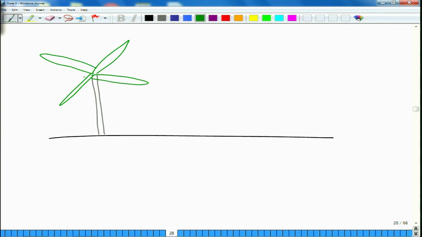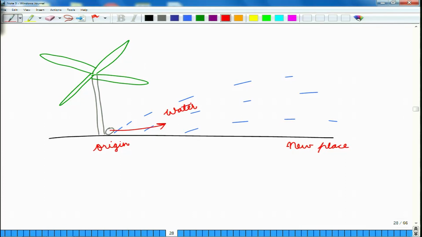So, it is a coconut palm tree, and then when the coconut falls down, in certain areas which are close to the coast, this coconut would use water and would disperse itself away from the origin to a new place. So, here we have the action of water that is dispersing this seed. So, this thing goes by the name of hydrophily.